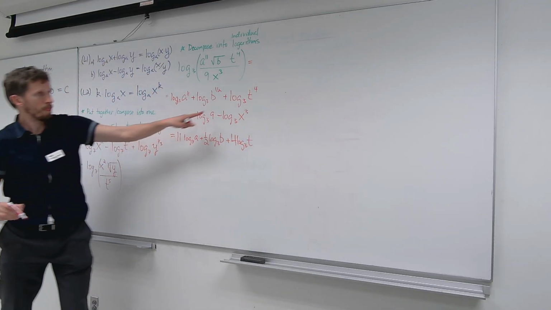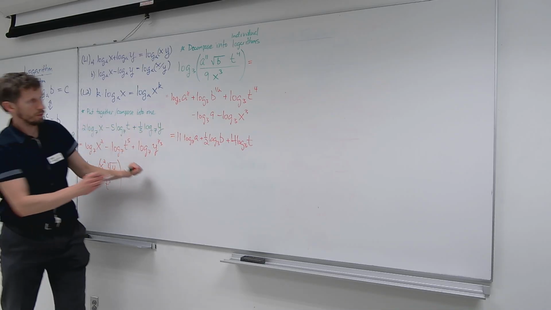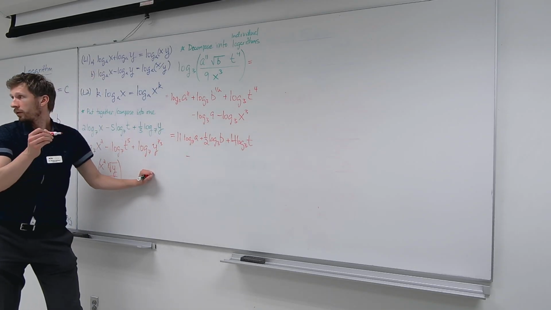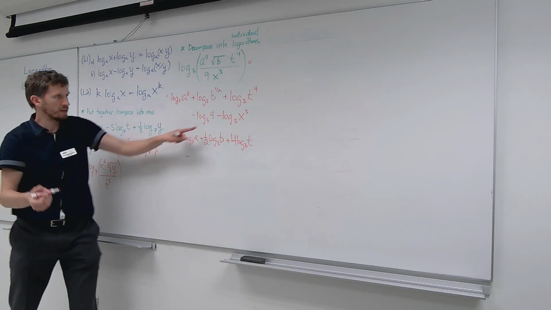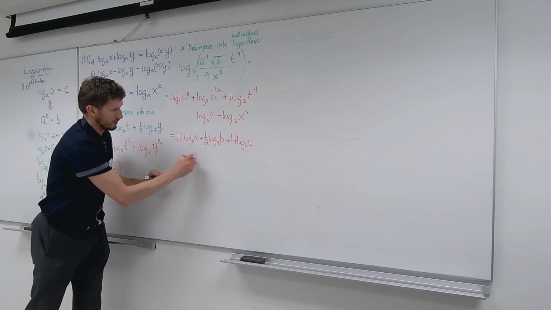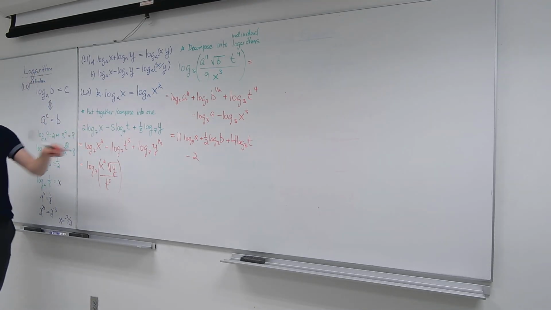And then minus, 3 to the what power is 9? 9 is 3 squared, isn't it? Just a 2, right? That's kind of tricky. And what is this?